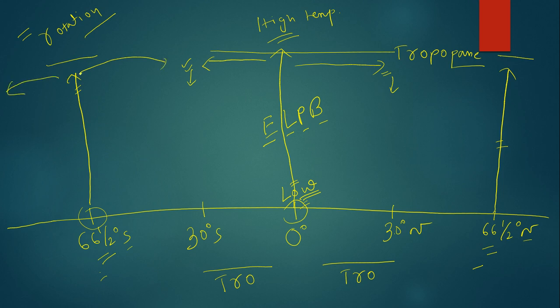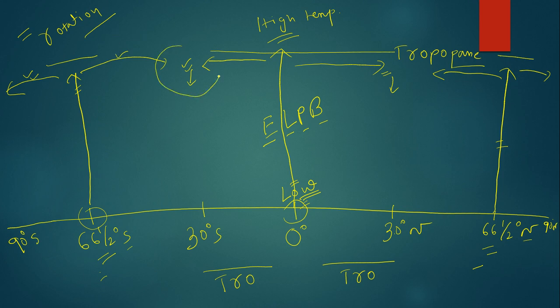One part of the air is moving from 66 and a half degrees south to 30 degrees south, and here also the air is moving from 66 and a half degrees north to 30 degrees north. Another part is moving from 66 and a half degrees south to 90 degrees south, towards the pole, and here also the wind will be moving towards 90 degrees north, towards the pole.